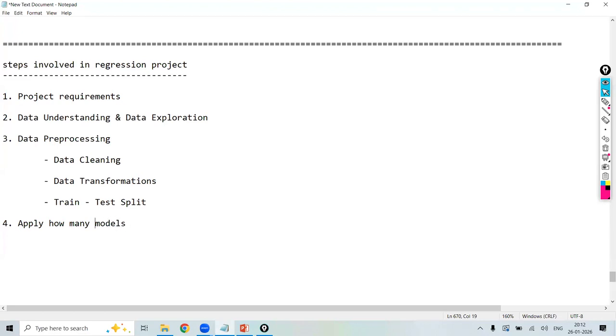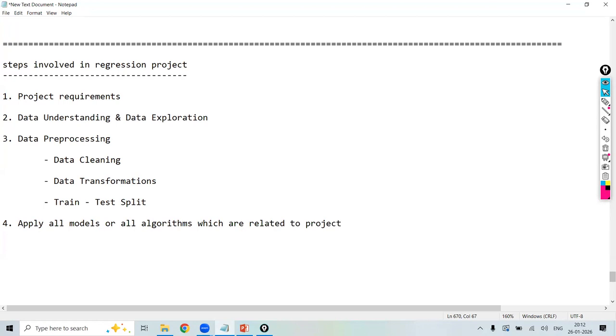Apply all models or all algorithms which are related to the project.